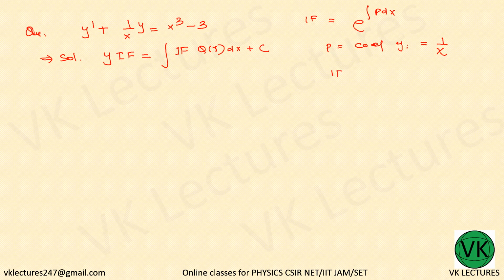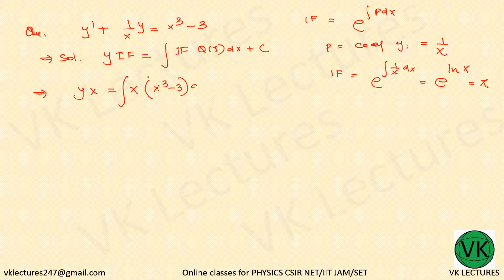So the integrating factor will be equal to e to the power integral p dx. P is nothing but 1 by x dx. That's equal to e to the power log x, that's equal to x. Now when you write the solution, y into x is equal to x into integral, x into q of x, that is x cube minus 3, dx plus some constant c.